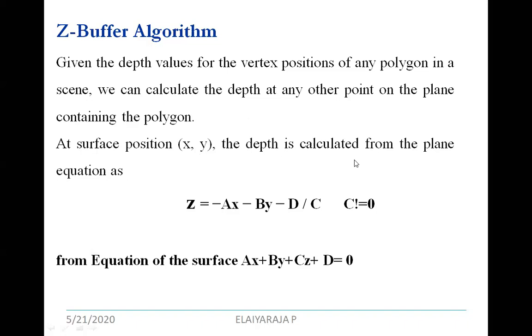From that, you take the depth element z equal to minus ax minus by minus d divided by c, where c is not equal to 0. Why? Because when c equals 0, your depth value is going to become 0 here. So you have to take the depth value from the equation of the surface, ax plus by plus cz plus d equal to 0.